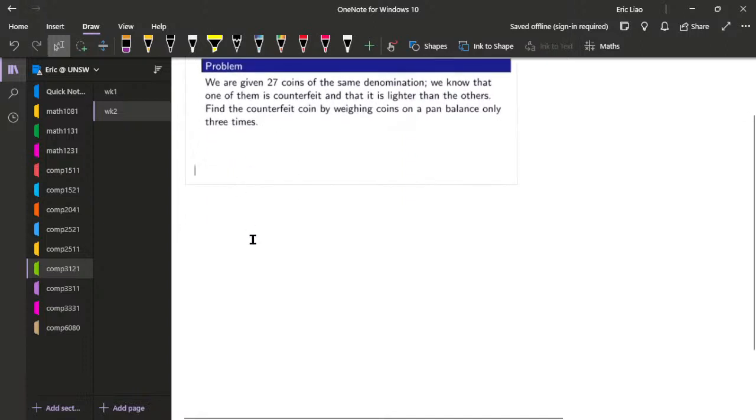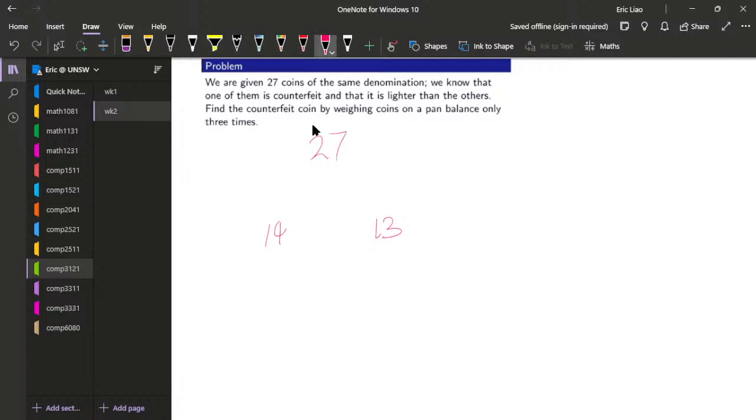So if it's 27 coins, let's just do a typical thing that you do. It's 27 divided by 2. 14, 13. So 14 here, 13 here. So if this one's heavier, whatever, this one's... Oh, true.